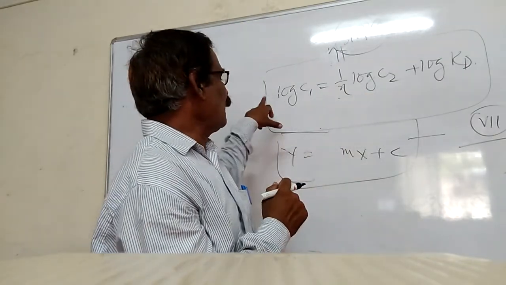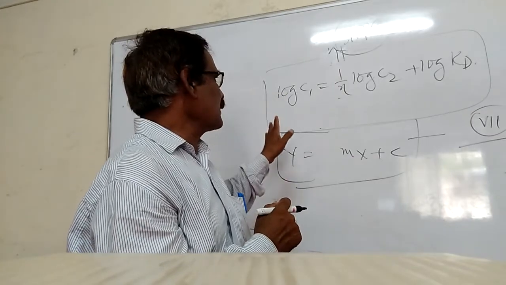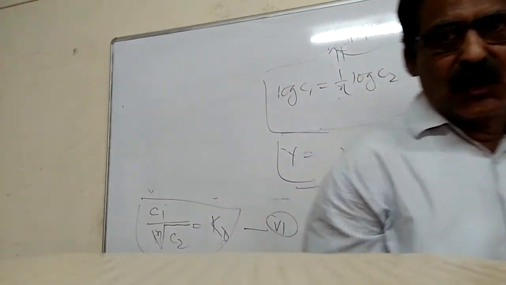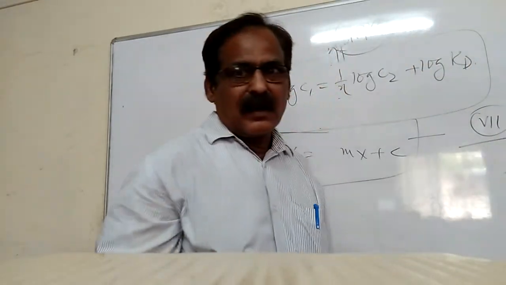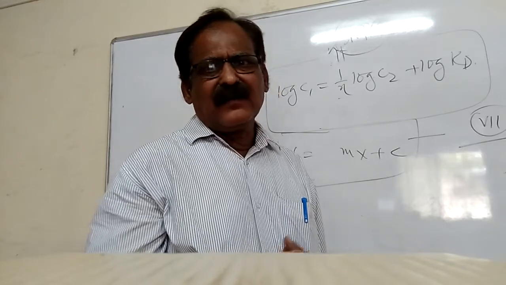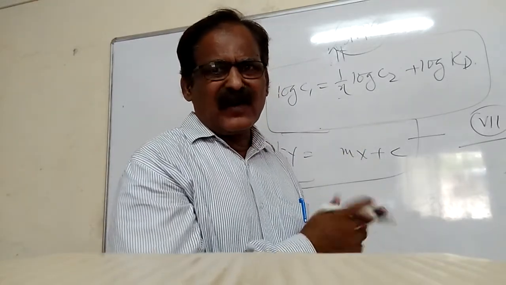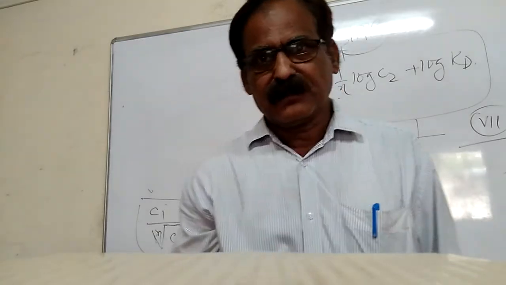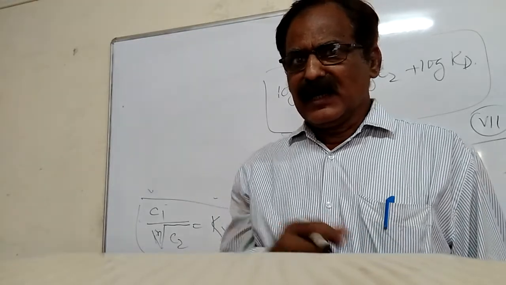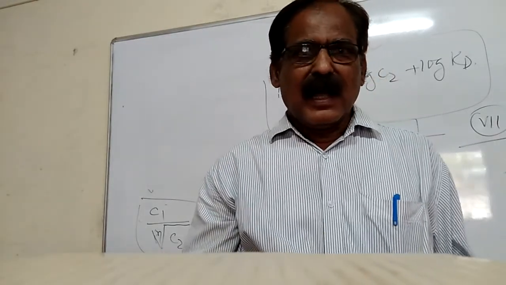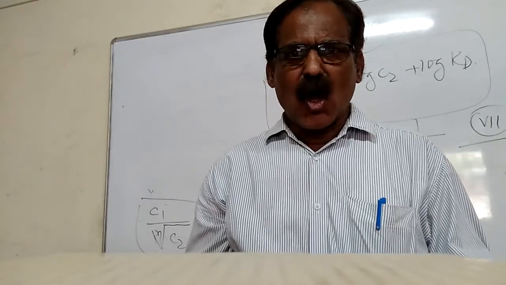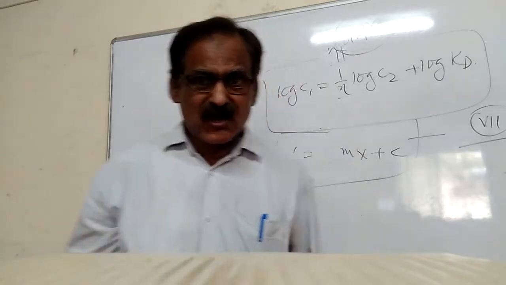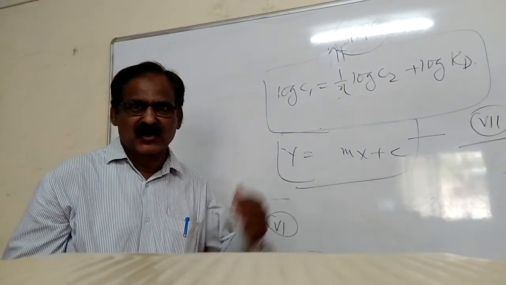Because in this case, when we plot a graph between log C1 and log C2, the y-intercept of the graph will be equal to log Kd, and from that log Kd, we can very easily find out the numerical value of the distribution constant Kd. In this way, we have seen how the Nernst distribution law modifies when the solute undergoes association in one of the solvents.